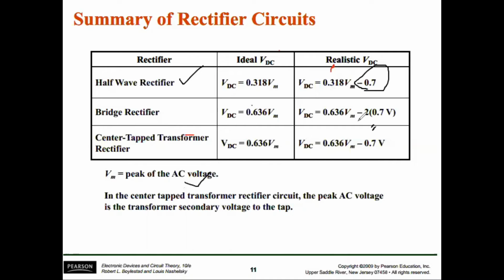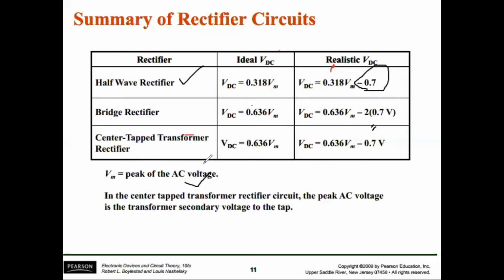As we have 4 diodes, and each two of the diodes are taking part in each conduction cycle, that's why we are subtracting 2 multiplied by 0.7 volts from the 0.636 Vm average value. In a center tap rectifier, we have 2 diodes, and each diode is taking part in the conduction cycle. So that's why we are subtracting 0.7 from the 0.636 times Vm.